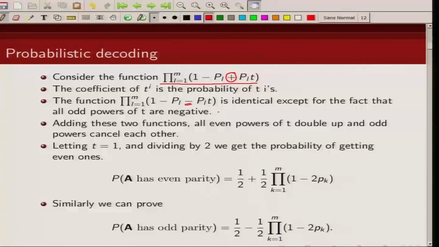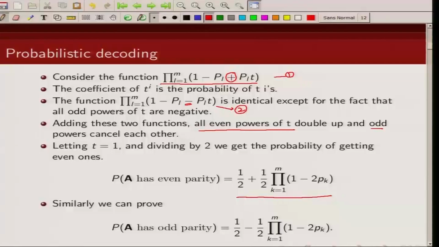If we expand both and add them together, all the odd powers of t will go away. What we will be left with is the even powers of t, which are doubled up, and the odd powers have cancelled out. Now, if we put t equal to 1 and divide by 2, we will get the probability that A has even parity, because we are left with only even powers of t.